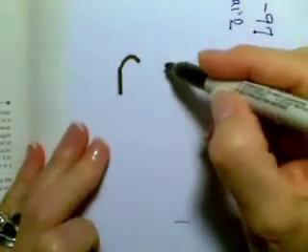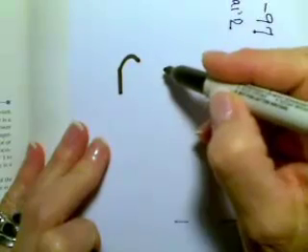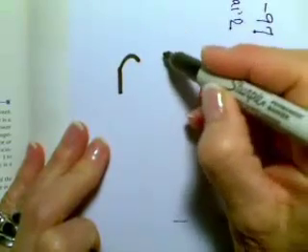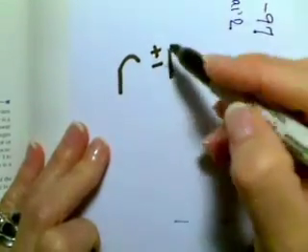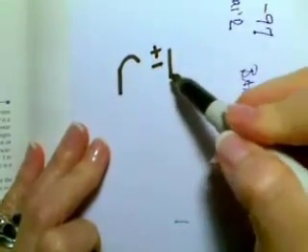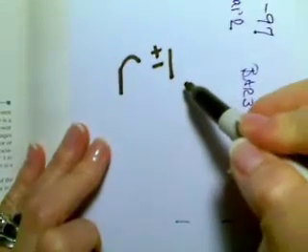The correlation coefficient is the R value on the calculator. And if that R value is near 1 or negative 1, that means that there is a strong correlation.